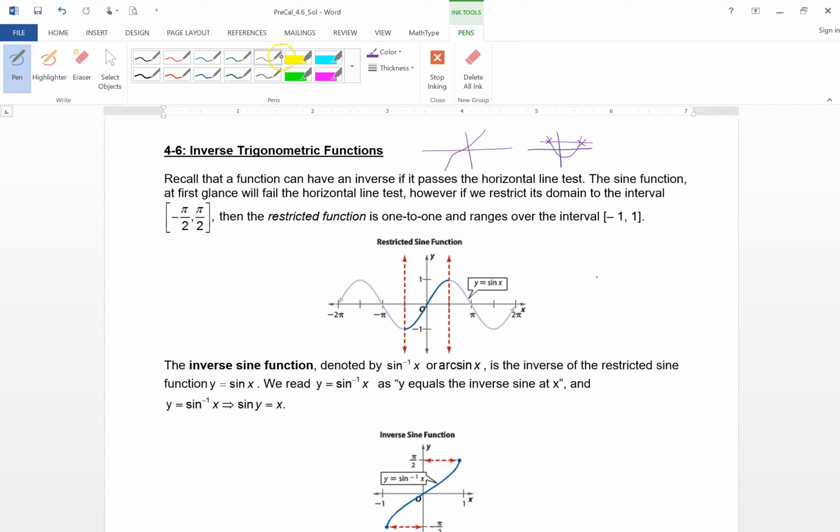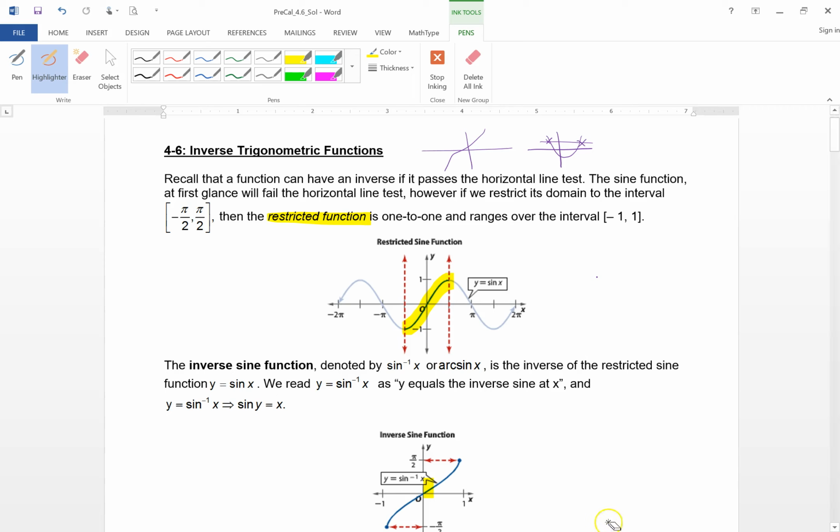And what we do is we restrict the function of the sine. Okay? So this is sine of x, and like I said, it has no hopes of ever passing the horizontal line test. However, if I only take a small portion of the graph, just that highlighted part now does pass the horizontal line test.